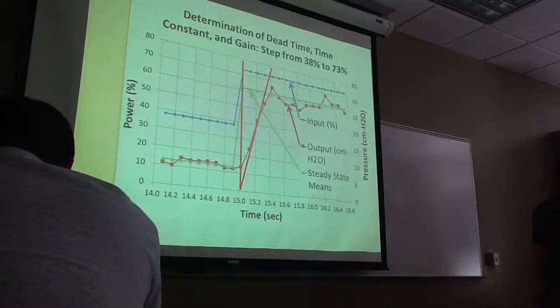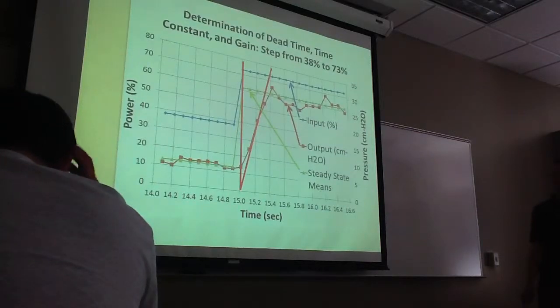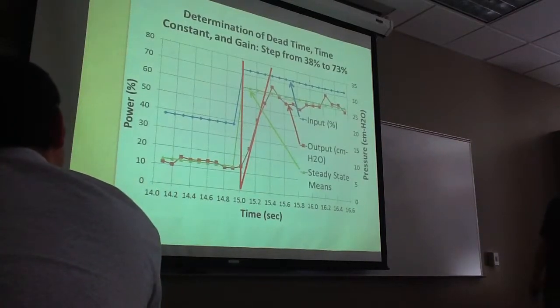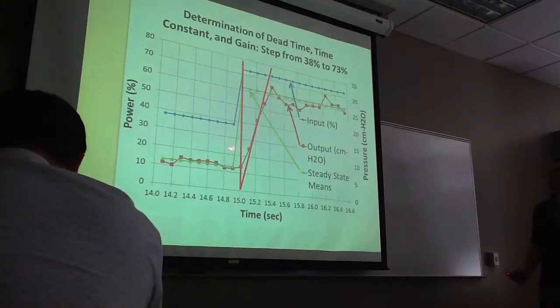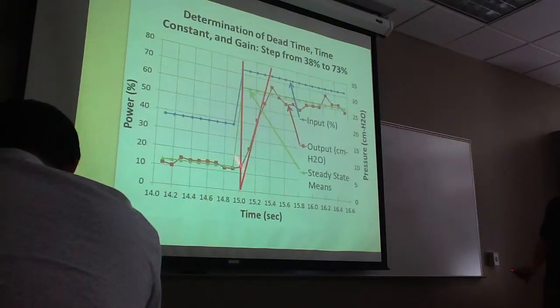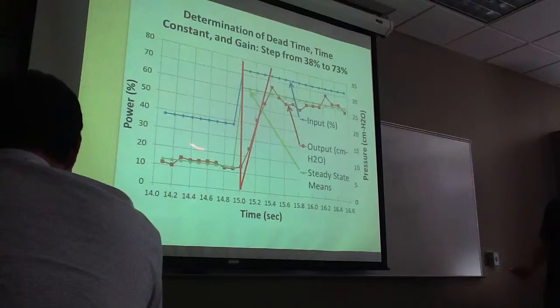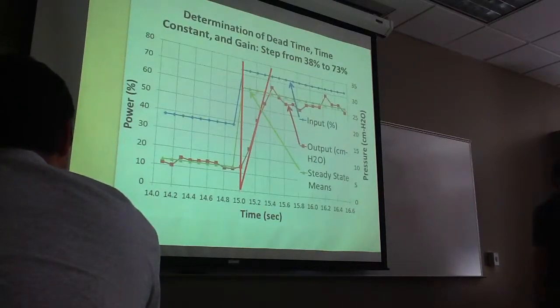So this is an example of one of our step up responses, and the green bar here represents the plotting of the steady state means that I used in some of the calculations, and my red line here is at the step size at 15 seconds, and this is an estimate of the sharpest slope for this curve.